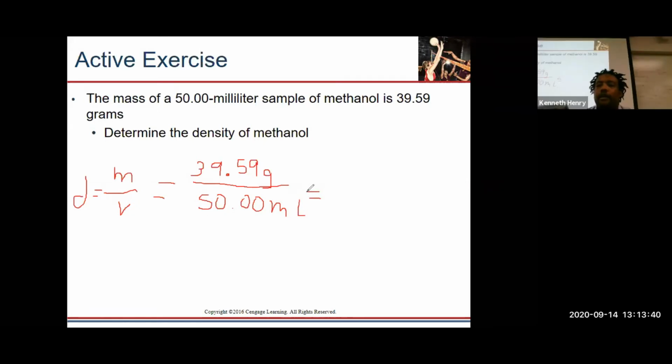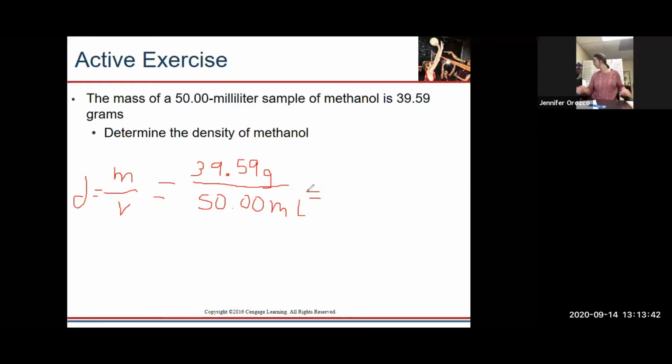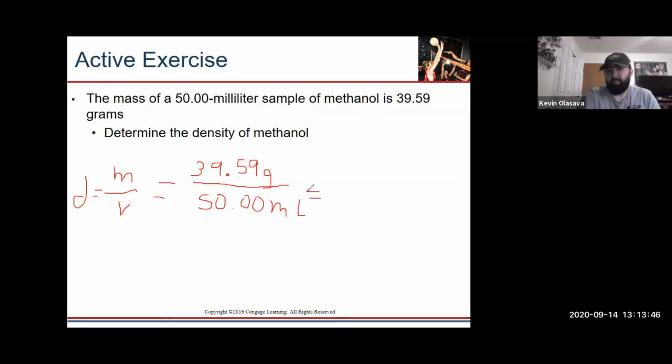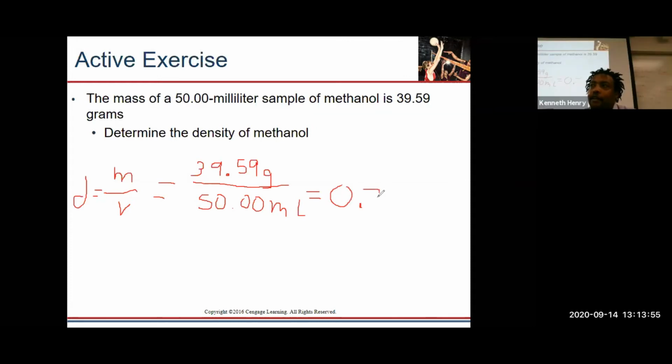Okay, what do you guys get? 0.7918. Okay, how many sig figs should I have? Four. That is correct. Two. No, you're right. Oh, it's four.